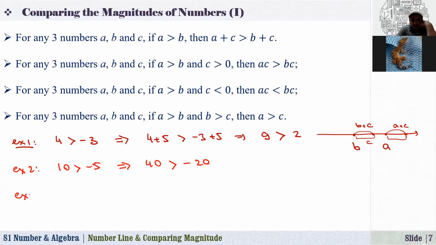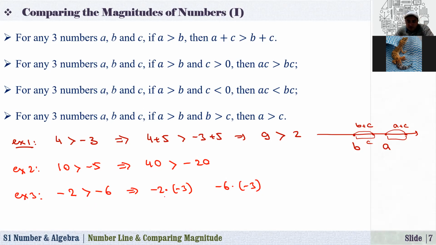Like for example, example 3, we know that -2 is greater than -6. So now if I multiply both sides by a negative number, what happens? Let's say -2 times -3 and -6 times -3. We are multiplying both sides by -3, right?